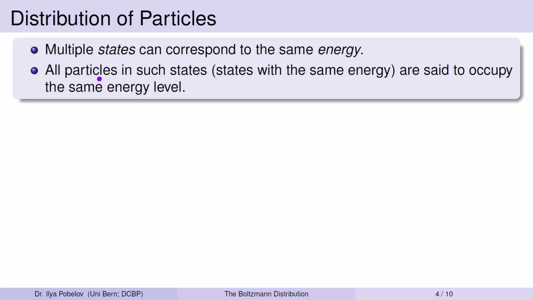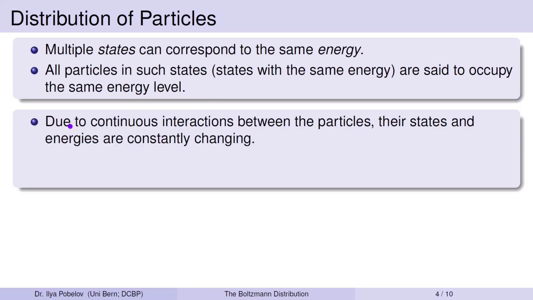All particles in such states, meaning all particles that occupy states with the same energy, are said to occupy the same energy level. Due to continuous interactions between the particles, their states and energies are constantly changing.